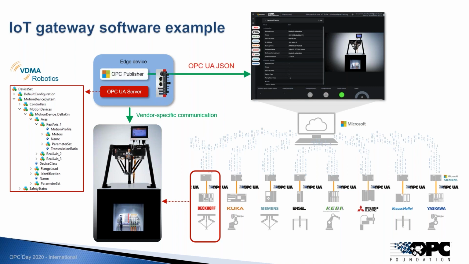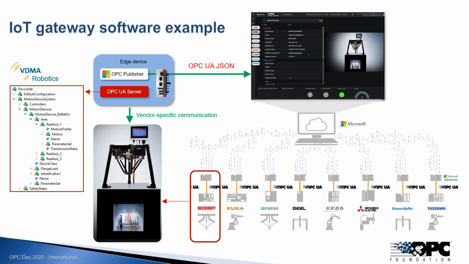Then we install a Microsoft OPC Publisher on the same device. This software locally collects all the information from the OPC UA server provided in the VDMA robotics format, and publishes this data to the cloud system via OPC UA JSON encoding.